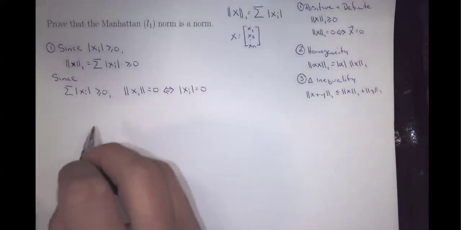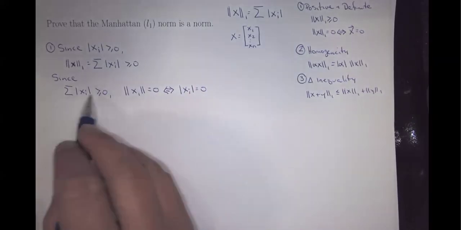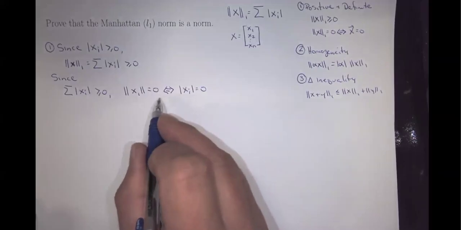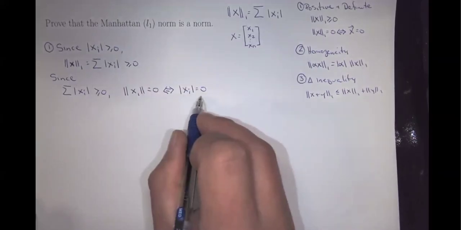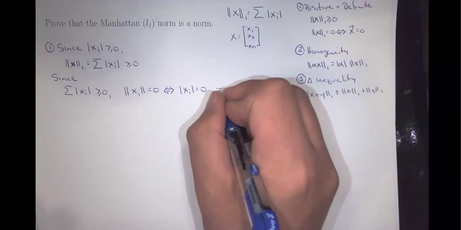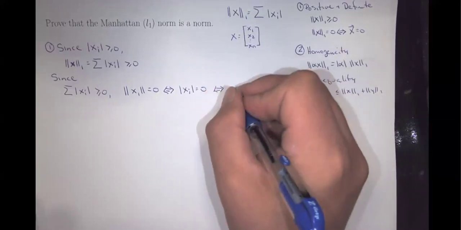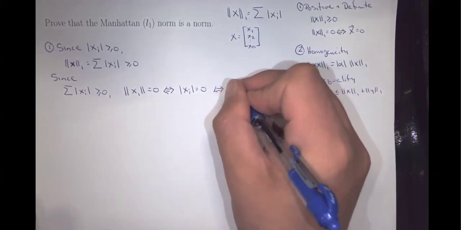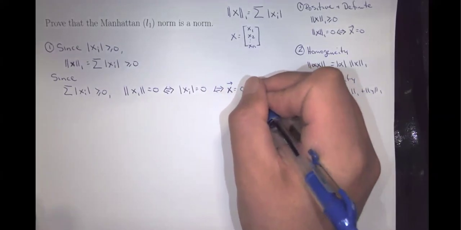Okay, and so since this is greater than or equal to 0, we know that it equals 0 only when all of these xi's are 0, which means that our x would equal the 0 vector.